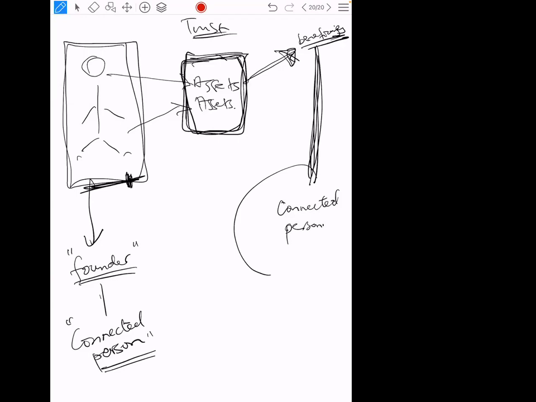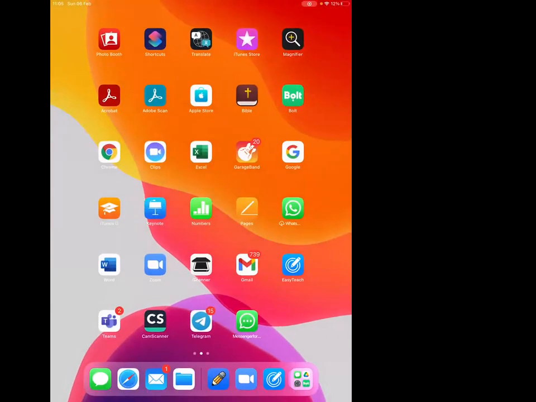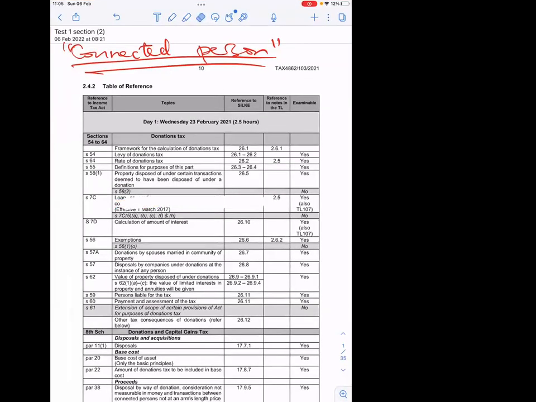Now the next thing is to go to our Act and find out what's happening. So now they are saying loan or credit advance to a trust by a connected person. This section is going to tell us that if a connected person advances a loan or credit facility to a trust, there could be donations tax implications, because we are finding this under the donations tax section.